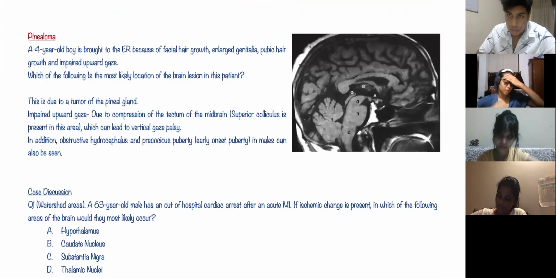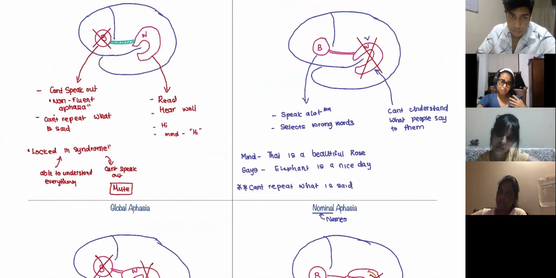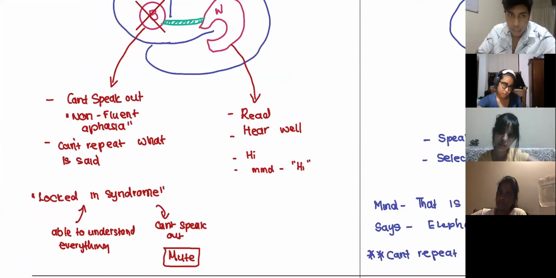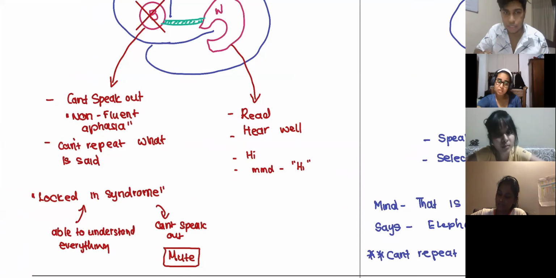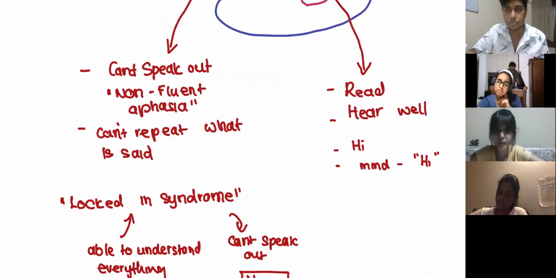Shan, when you said Broca's patients are mute, it doesn't mean that they can't produce sound, right? Like they can produce sound, but not a proper word. There are different degrees. The worst situation is mute. They can't produce any word at all, or they can speak a few words.